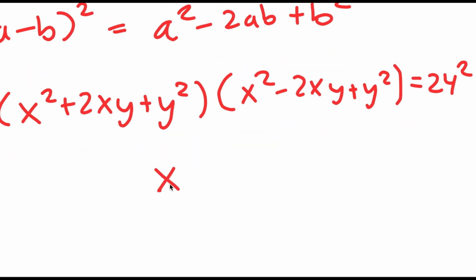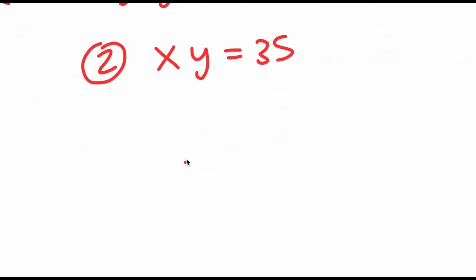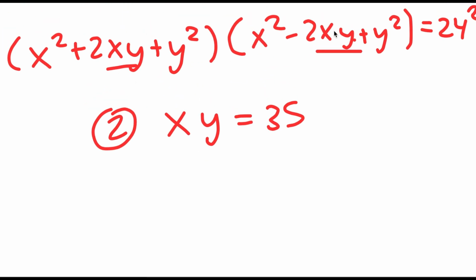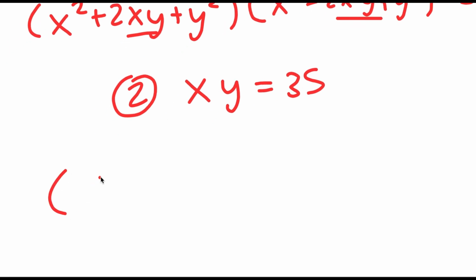And now I'm going to bring in my second equation, x times y is equal to 35. I'm going to substitute it in for x times y.